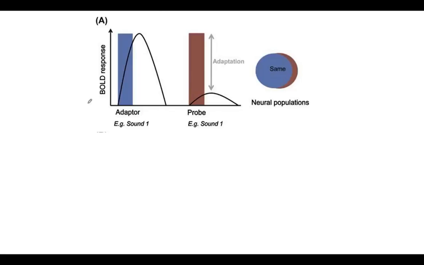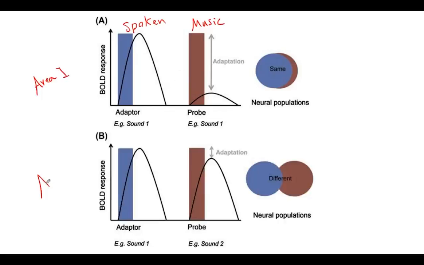Okay, and there are some other interesting details about fMRI. Most of the time when we show people the stimuli and we show the stimuli again, the level of signal would go down. So there is a level of adaptation or habituation. Here, for example, when we give people a spoken sound compared to music, and if we have area 1 and then area 2, area 1 would respond like this.